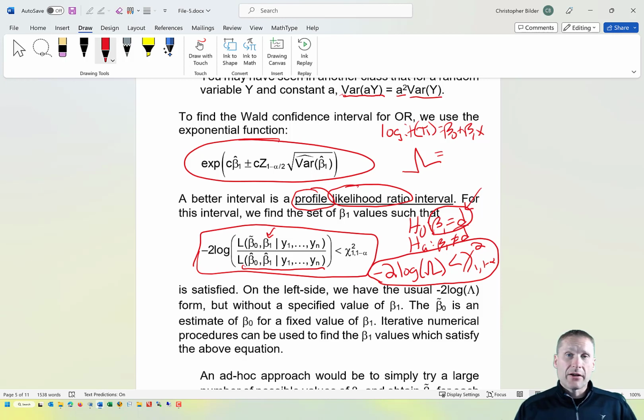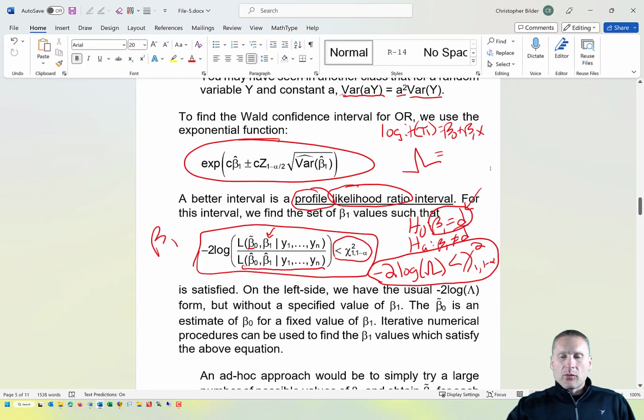I put that in there, then try to find the maximum possible value of that likelihood function under that restriction so that I can estimate beta 0. And so what we're looking for is all possible values of beta 1 such that this statistic on the left side is less than the 1 minus alpha quantile from a chi-square 1 distribution. That's a profile likelihood ratio interval for beta 1 itself.